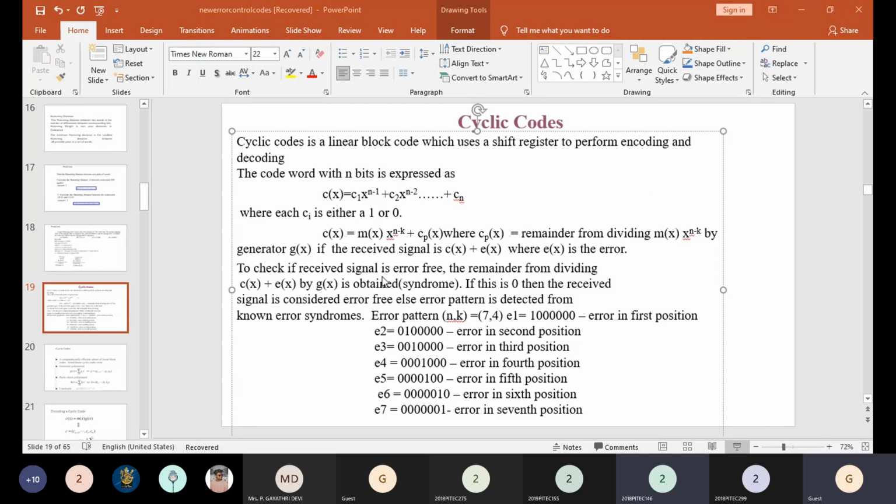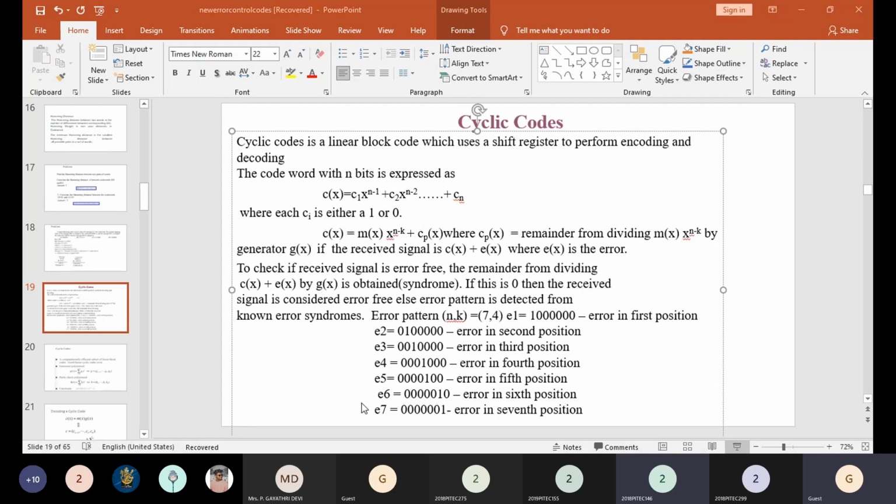The important thing is that here information will be written in the form of polynomials. So the generator polynomial g of x is the summation for i equal to 0 to n minus k of g_i x power i. This is the representation of the generator polynomial, where g_i are the generator coefficients, and h of x is the parity check polynomial, where h_i are the corresponding coefficients of the polynomial.